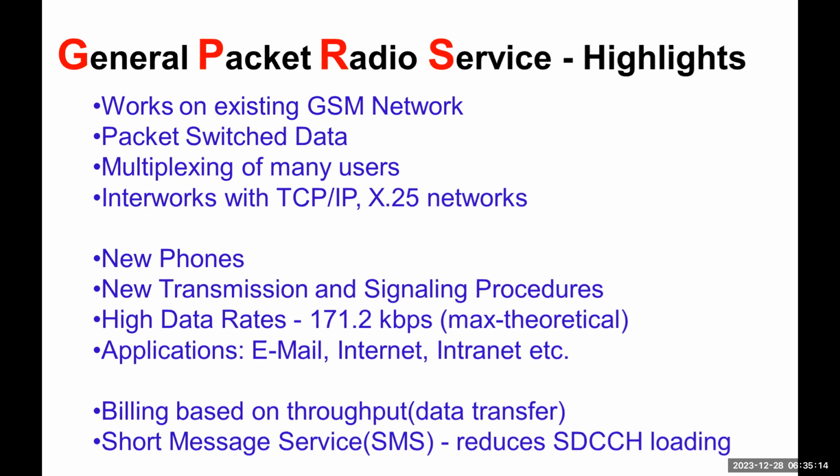A physical channel is only assigned when the data transfer is required. As a result, one physical time slot on the air interface can be shared by multiple users. Hence, the multiplexing of several users on limited and fixed resources.